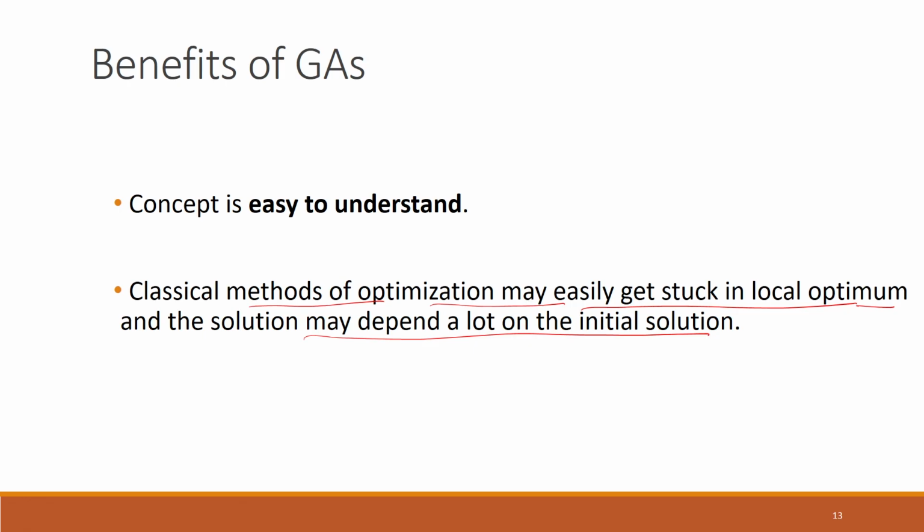Okay, so it allows the search to become more diversified in the feasible area, because of the presence of crossover, mutation and so on. So GAs usually do not get stuck in a local optimum that easily, and since we have a whole set of solutions generated in the beginning, we are not depending on one initial solution.